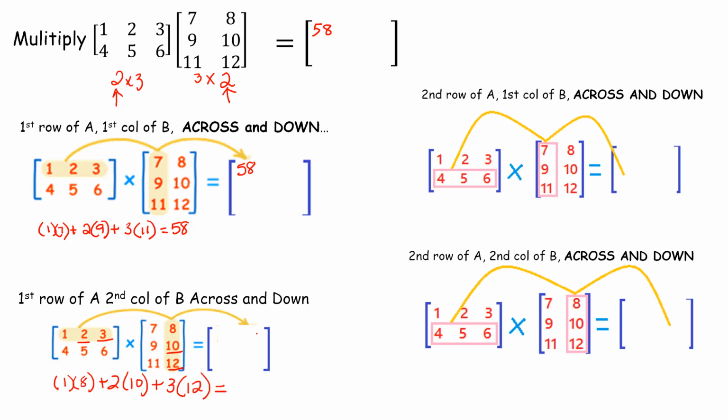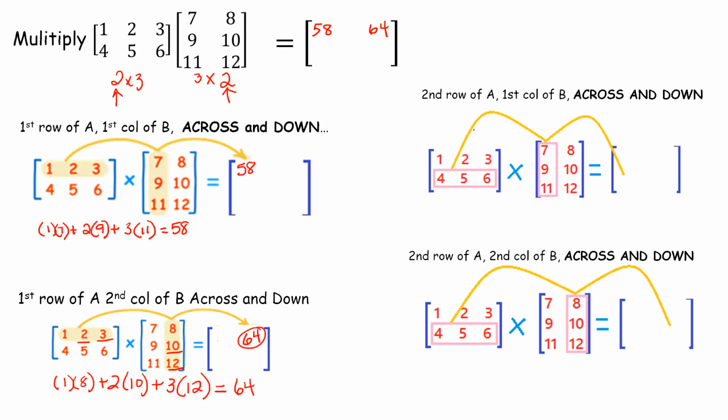And that's going to give us this position right here. So 8 plus 20 is 28 plus 36, which is 64. So that's 64 right there in the second column of our product, because we went across the first row, second column.